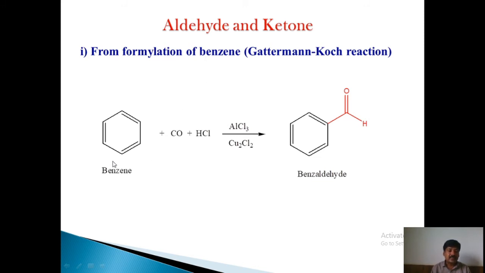Then when benzene is formylated with the mixture of carbon monoxide and hydrochloric acid in presence of anhydrous Lewis acid, aluminum chloride, it produces our target compound, benzaldehyde. Here a Lewis acid has the tendency to accept a lone pair of electrons. This is your first method for the preparation of benzaldehyde.